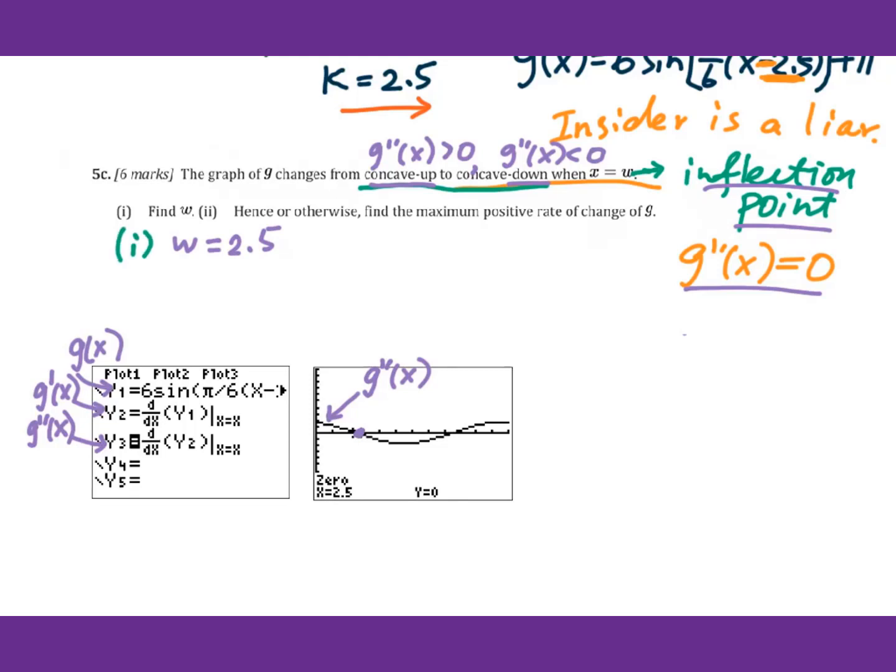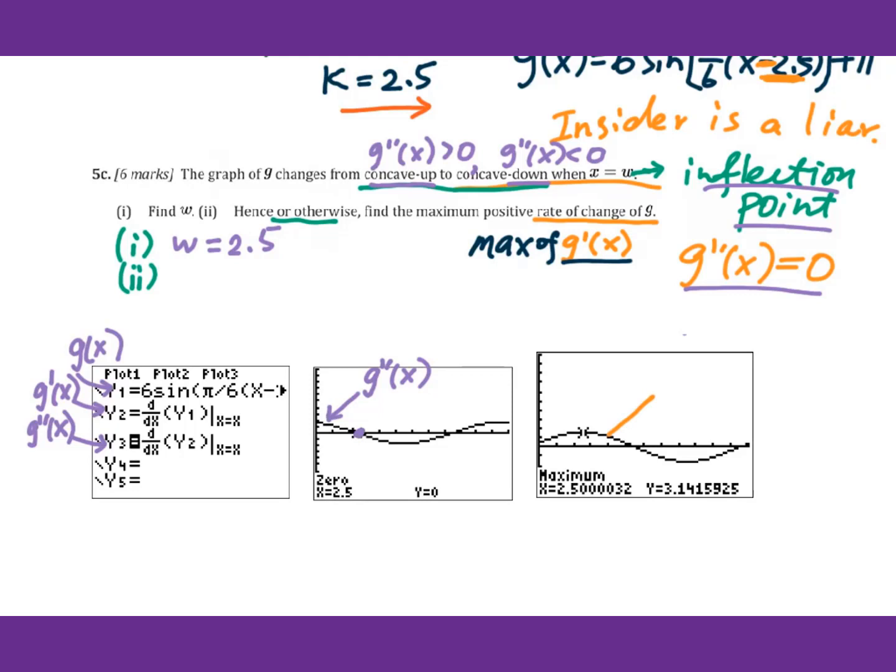That's the first question. The second question, hence find the maximum positive rate of change of g. Rate of change of g means the first derivative. In other words, we're looking for the maximum of the first derivative function.